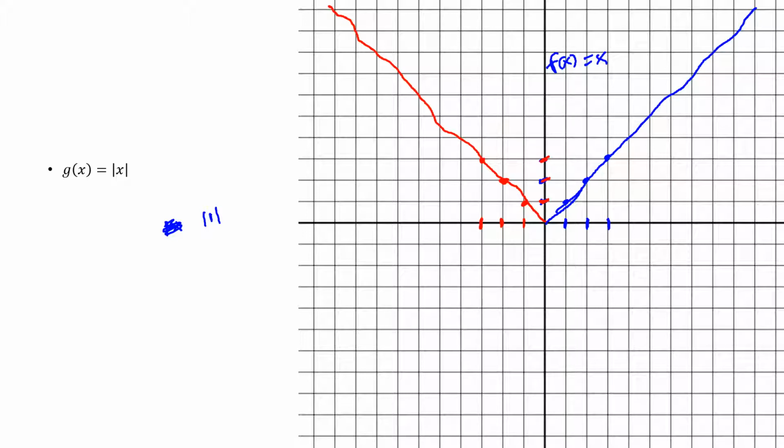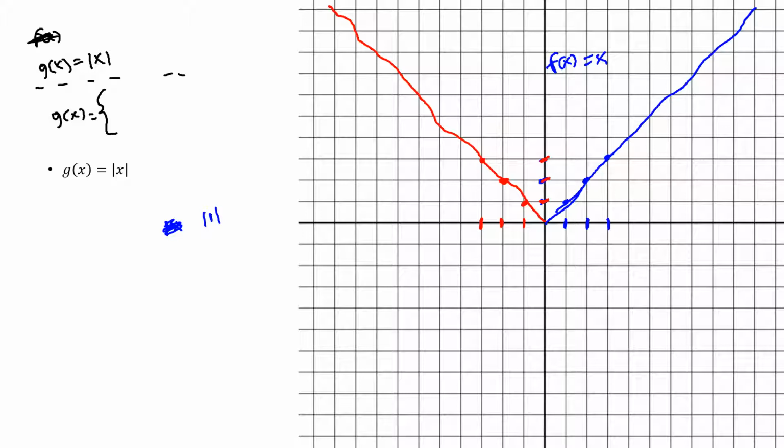So what this means is that we could actually think about the absolute value function. We could rewrite the absolute value function as a piecewise function. We could say that if I start off with a function, we're using g here, g of x, that's the absolute value of x, well, I can really just say that that's the same as saying one of two things.